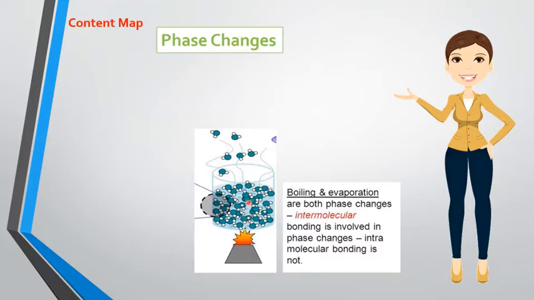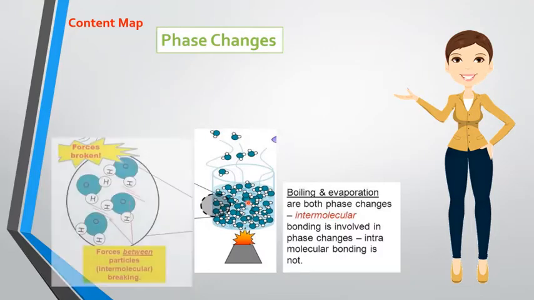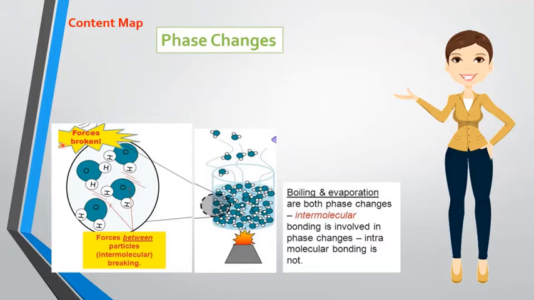It has changed its temperature, so from sliding past each other, it has vibrated more, and it tends to move faster than it was before. So here, if you can see, the particles are trying to break out from one another, as they are no longer sliding past each other, but they are trying to move faster.